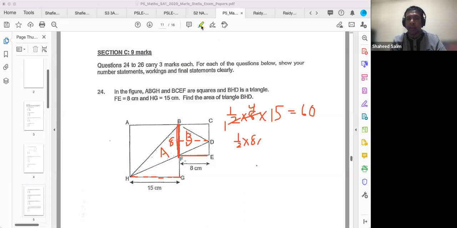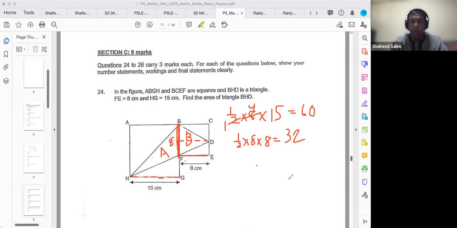You divide by 2, you get 4. 4 times 8, 32. Yes, and so you add both of them together. Your final answer is 60 plus 32, 92.